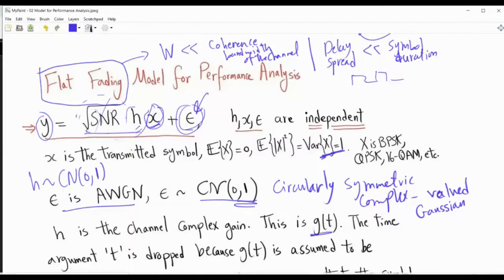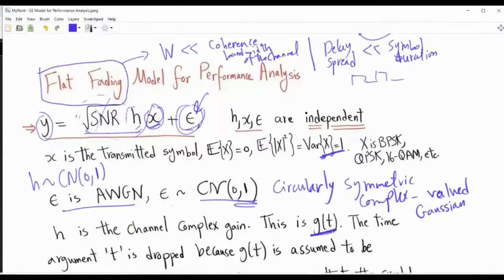Remember, it's a g of t. Again, you fix t. When you fix t, it becomes a random variable. But generally, it is something that is continuously changing over time. So it is g of t, and now I am writing it without t.